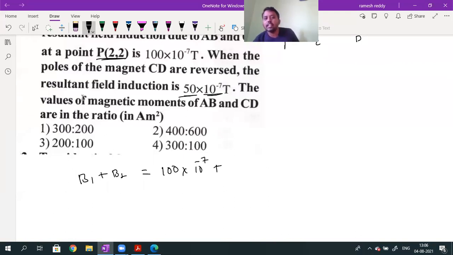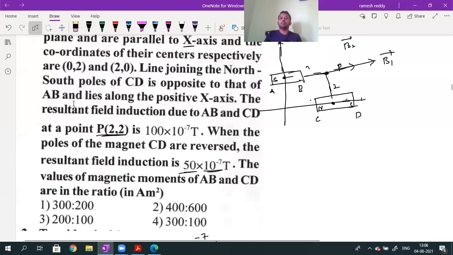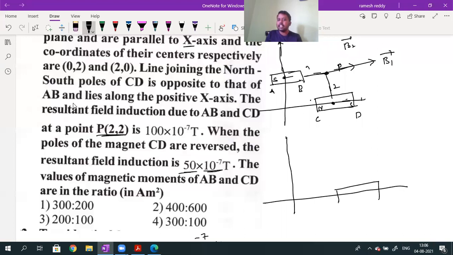Now, next what they are telling is the poles of CD are reversed. Same bar magnet, same arrangement. The coordinate axis is there. One bar magnet is CD.